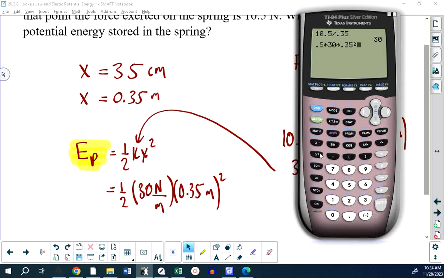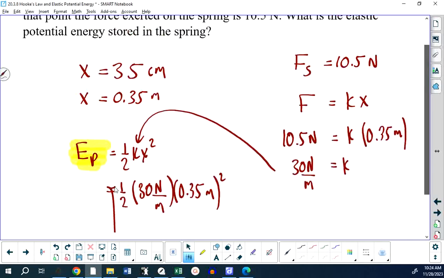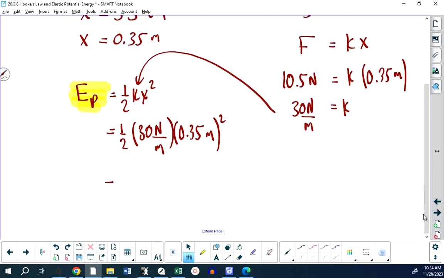Just like with your kinetic energy formula where you have that 1/2 mv squared, it's very easy for students to forget to square v. Don't forget to square your x. So I'm getting about 1.8 joules. About 1.8 joules. And just for confirmation, anybody else get it?